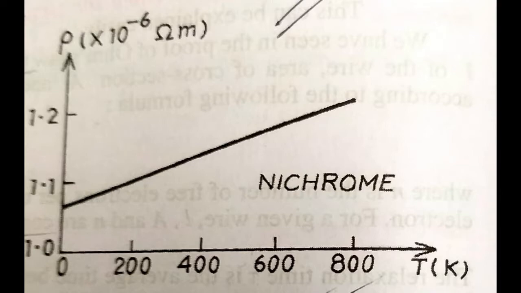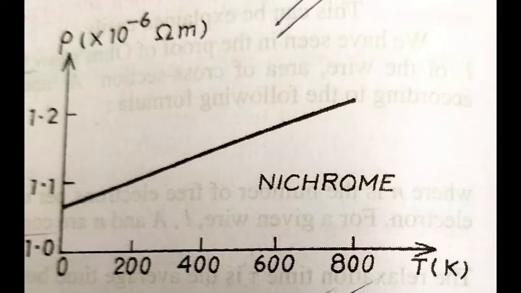So here is the variation of resistivity with respect to temperature. As you can see in the graph, we have plotted the temperature in Kelvin scale, and the resistivity is in the order of 10 to the power minus 6. We have taken an alloy, nichrome, and we can see that in the case of nichrome the increase in resistivity with respect to temperature is not very sharp.